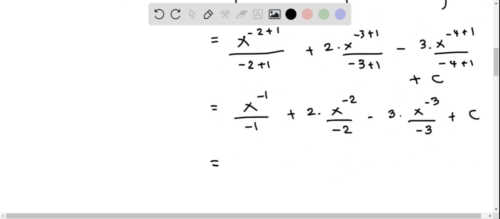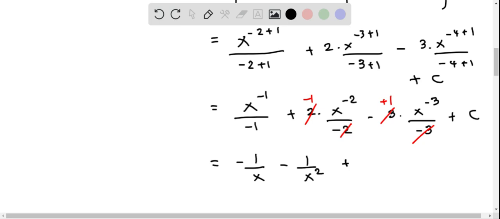We have minus 1 in the denominator, so this can be written as minus 1, and x raised to the power of minus 1 can be written as minus 1 by x. Similarly, I can cancel this positive 2 with negative 2 as minus 1 times. And similarly, I can cancel this negative 3 with this negative 3 with positive 1. So here I have negative x raised to the power of minus 2, which I can write as 1 by x power 2.